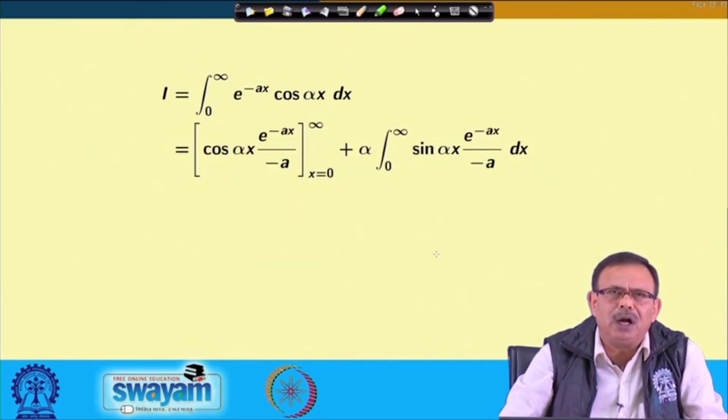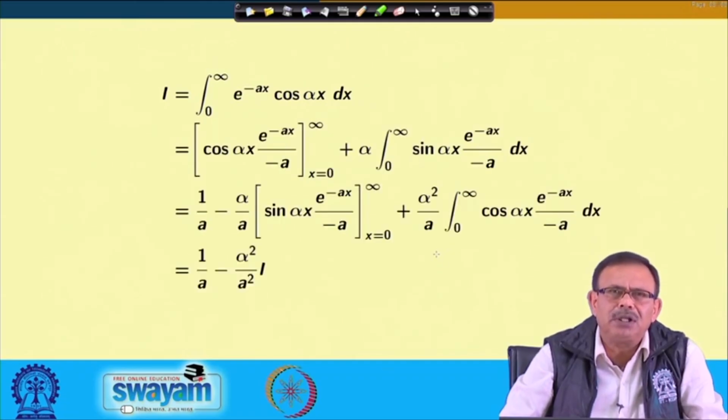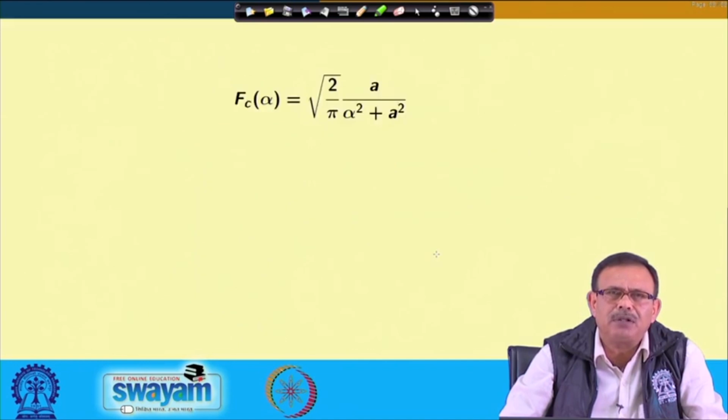Now, we evaluate the integral using integration by parts, and ultimately I obtain the value of the integral I as a by alpha square plus a square. So, we obtain the Fourier cosine transform of the function f x as root over 2 by pi into a by alpha square plus a square.